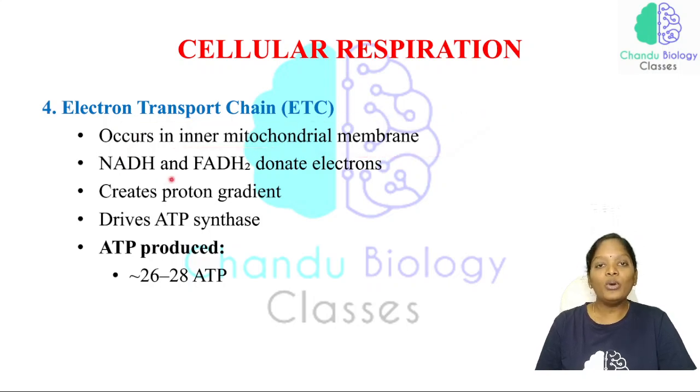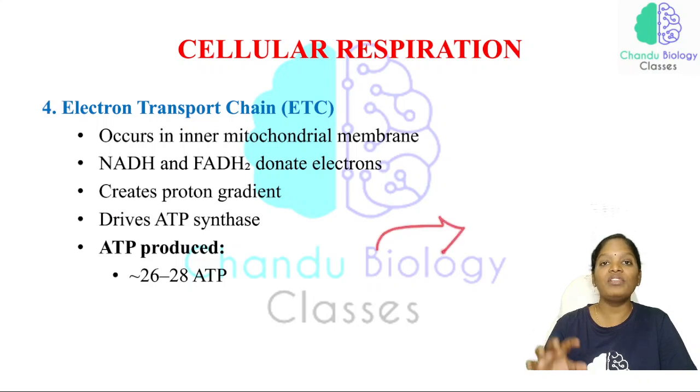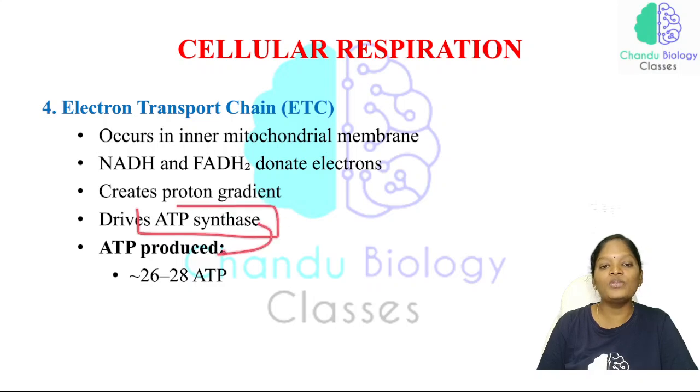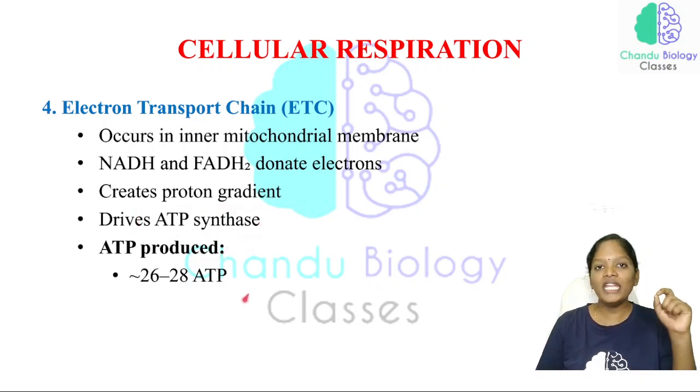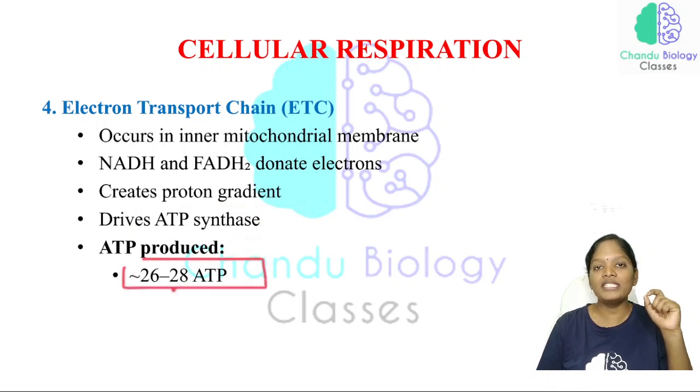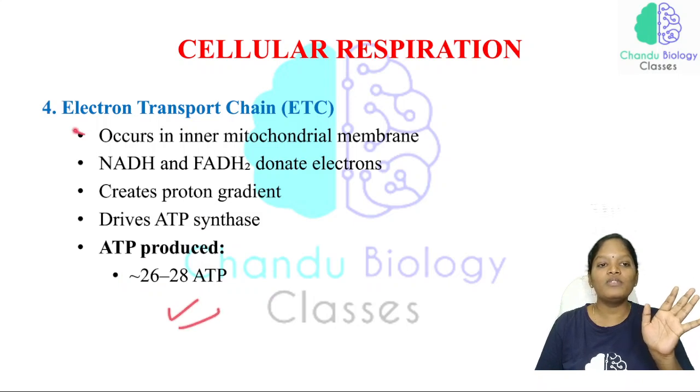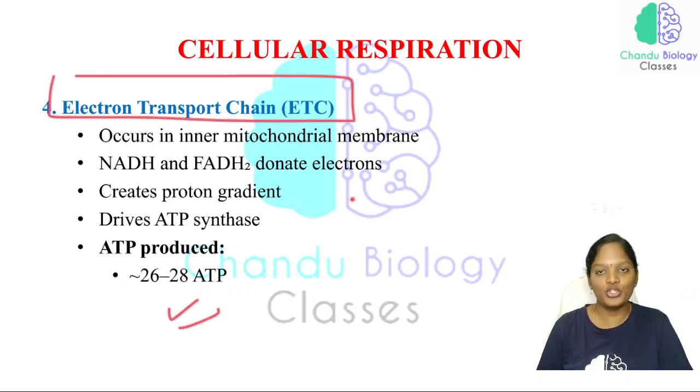NADH and FADH2, produced in the Krebs cycle, donate the electrons. As the electrons are released, they produce a proton gradient, and the release of energy, with the help of the ATPase enzyme, produces ATP. Approximately 26 to 28 ATP molecules are produced in the electron transport chain.